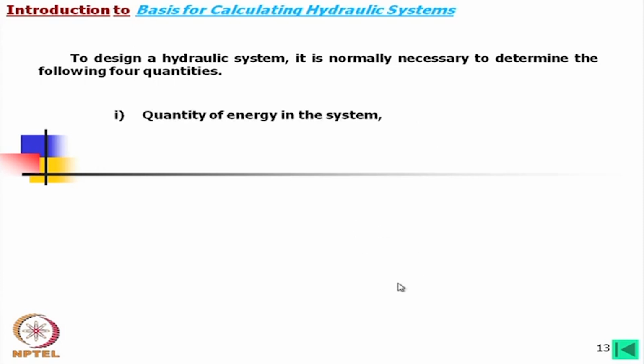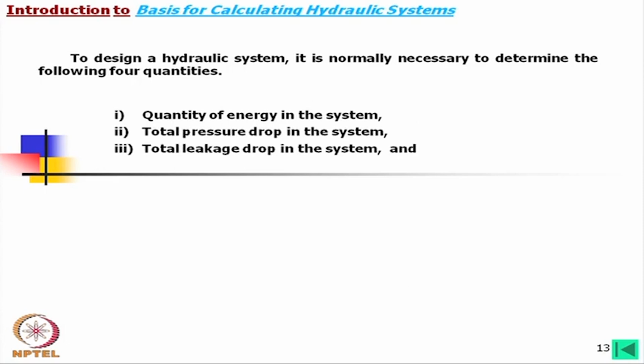One is the quantity of energy in the system, 2 the total pressure drop in the system, 3 total leakage in the system, and 4 total heat development in the system. To know accurately the performance of a system, we should analyze this.